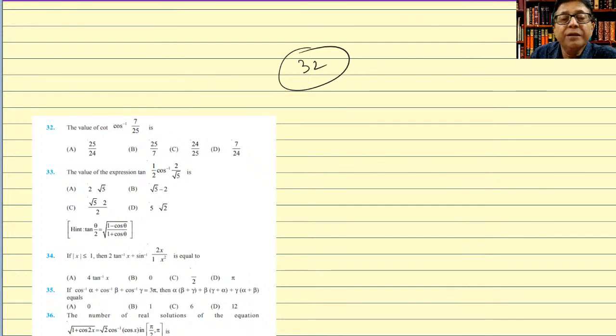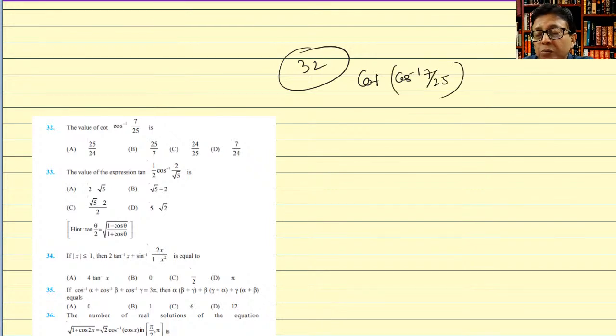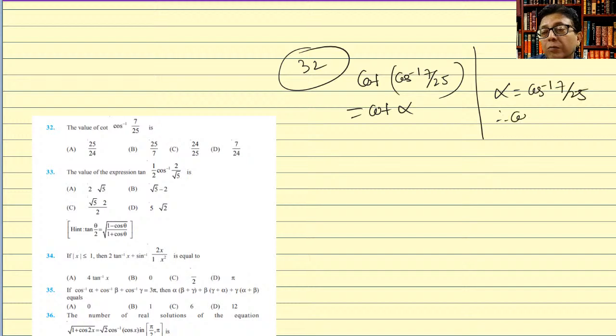So again, you need to check cos inverse 7 by 25, and you need to convert. This is cot alpha. So cos alpha is 7 by 25.